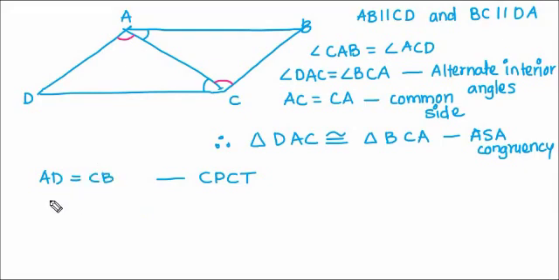And same way we can also say that CD is going to be equal to AB. And therefore what we have now arrived at is AD and CB are opposite sides of the parallelogram, and AB and CD also are opposite sides of the parallelogram, and hence we can say opposite sides of a parallelogram are of equal length.